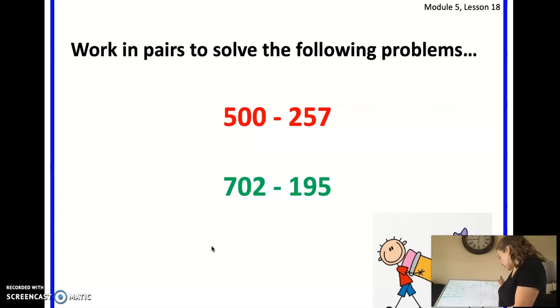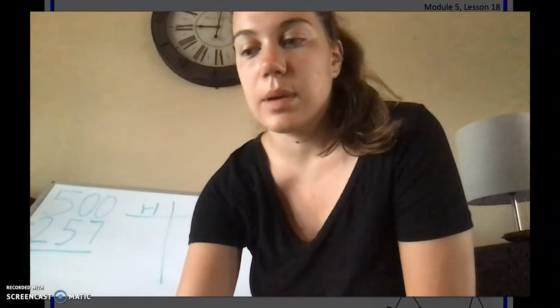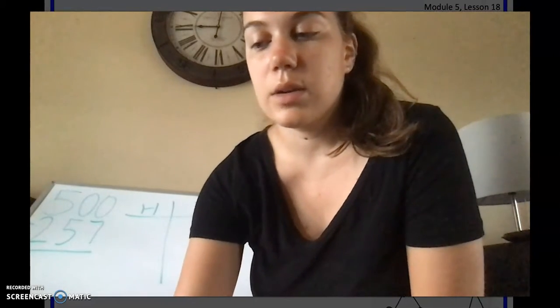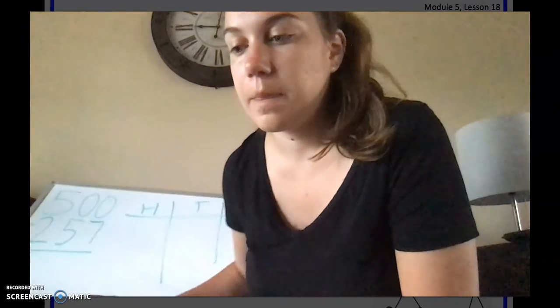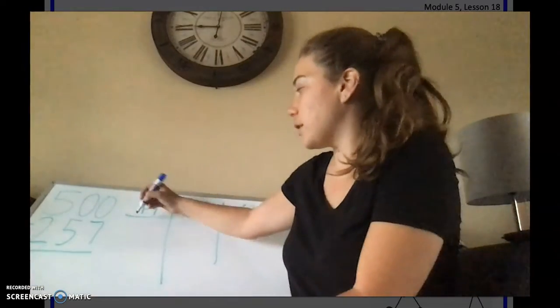I'm going to have our hundreds, tens and ones chart. So let's zoom out so you can see me complete this problem. So there's going to be 5 hundreds.